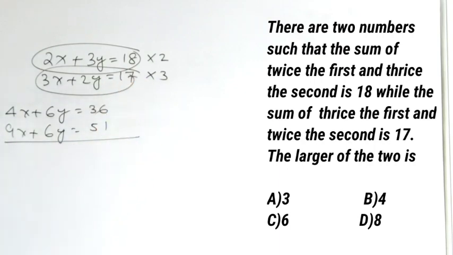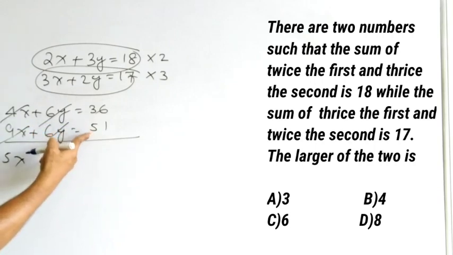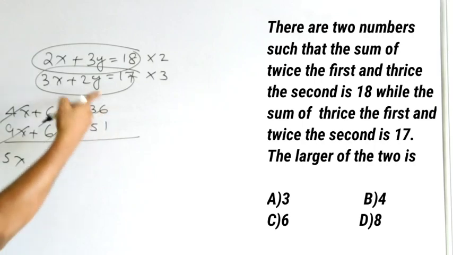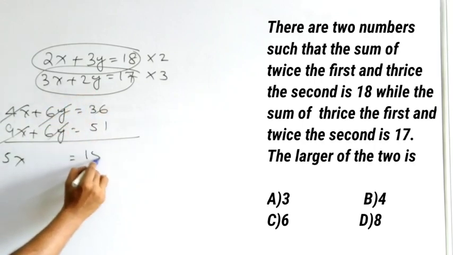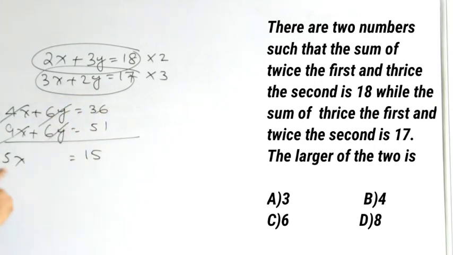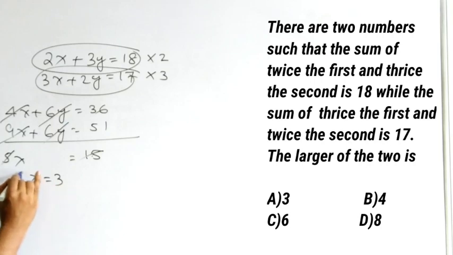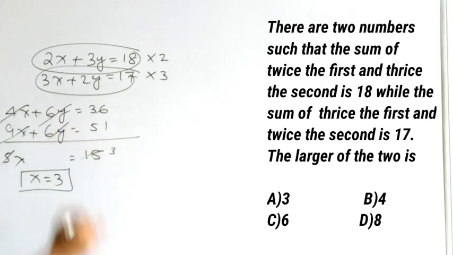Now I subtract the first from the second: 9 minus 4 is 5x, and 6y cancels. 51 minus 36 equals 15. So 5x = 15, x = 15/5 = 3.